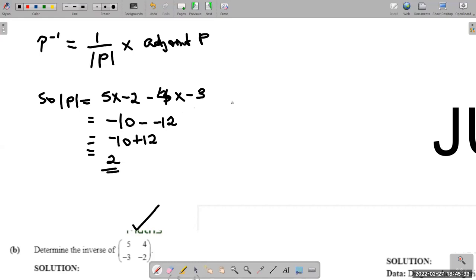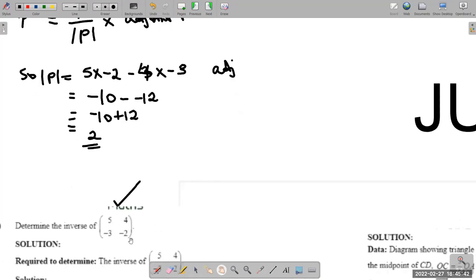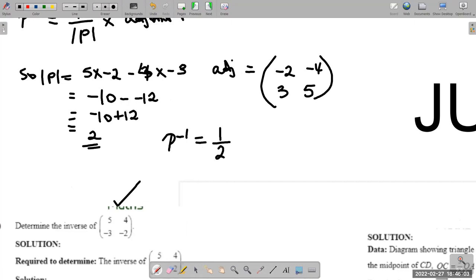The determinant is 2. The adjoint, simple process for the adjoint. What do you do? Switch the two numbers. So the adjoint is negative 2 here, 5 down here, negative 4, positive 3. So it's just for us to apply. So the inverse is equal to 1 over 2 times all of this.